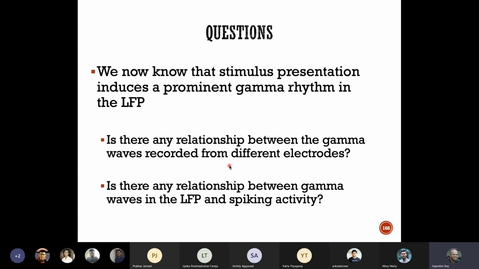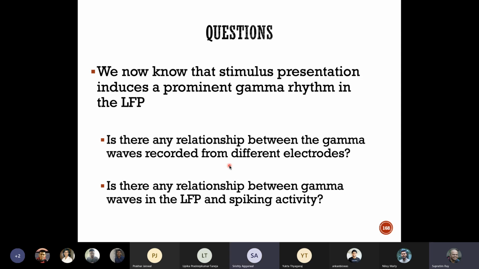You have got data from two electrodes, right? LFP1 and LFP2. That's the data that's been provided to you. There are 76 trials. You get an estimate of gamma amplitude and phase in each trial. And I want to know how consistent this phase relationship is. How will I test that?